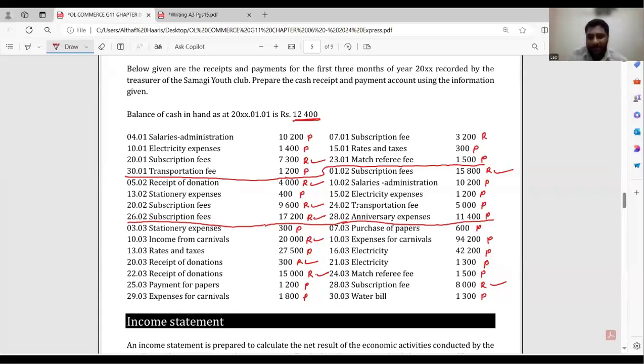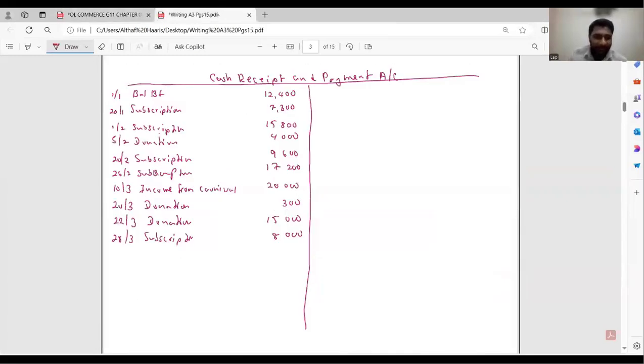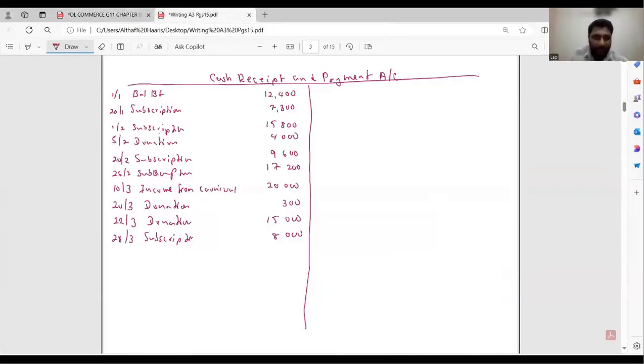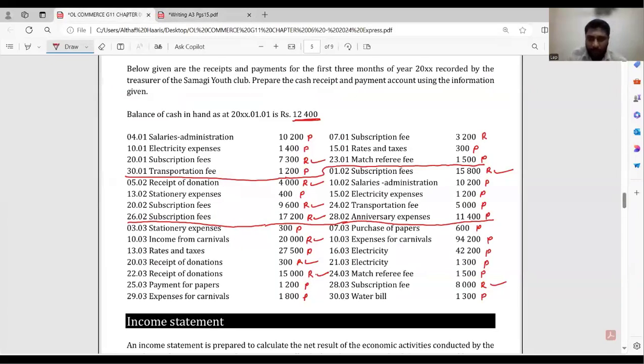Here also there is a subscription fee, July 7th, 7/1, subscription 3,200. So let's see whether all the receipts are done. Yes, all the receipts are done.